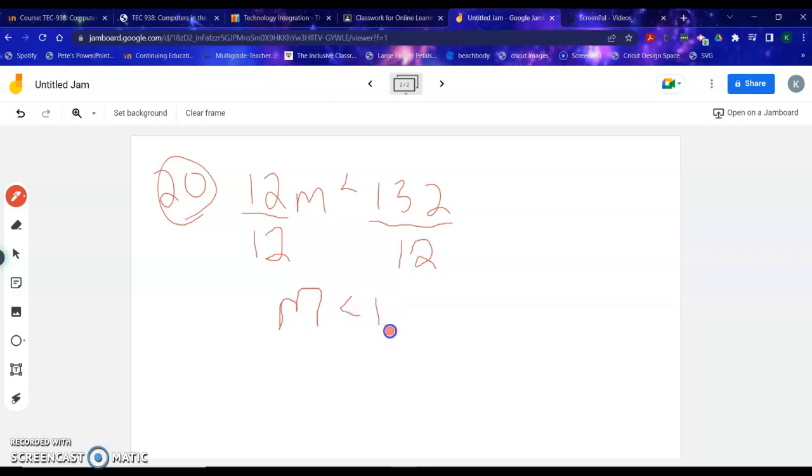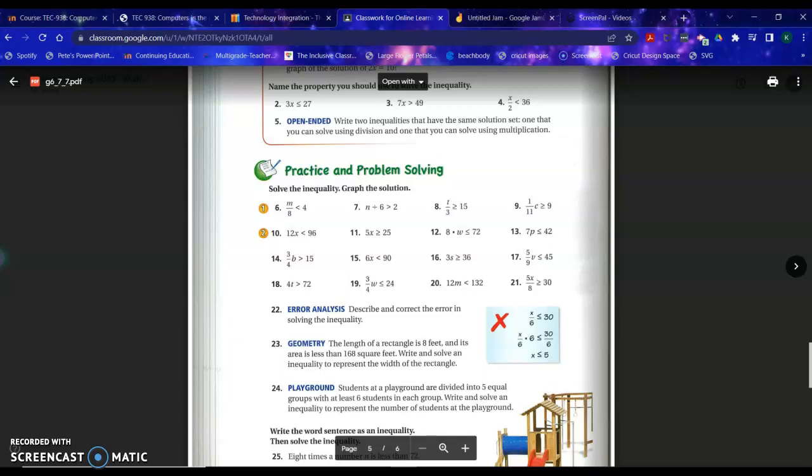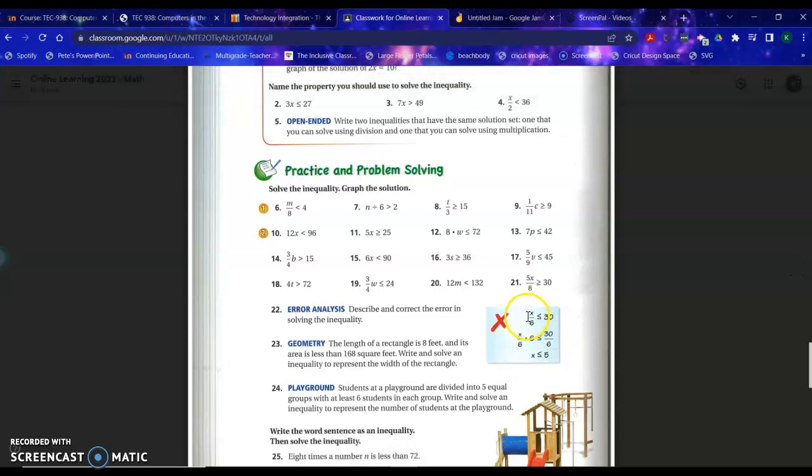So this is what your homework should look like. Okay, now we're going to go ahead and do number 22. We might have room here. Let me see what the problem looks like. So number 22 is an error analysis. If we're looking at this problem right here, it has x divided by 6 is less than or equal to 30, and they multiplied both sides by 6.